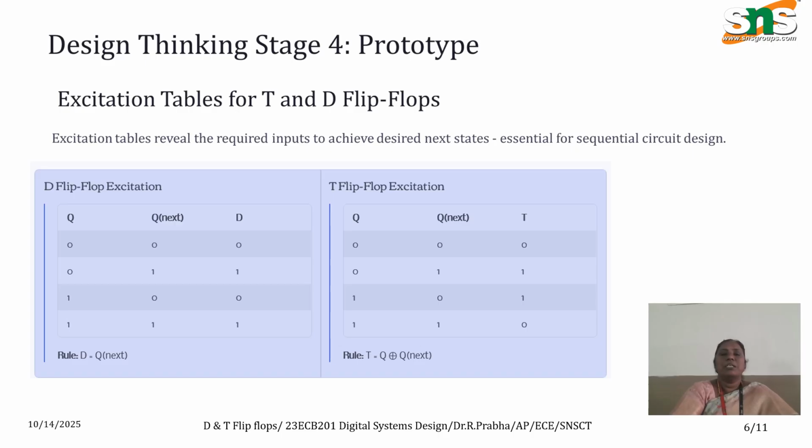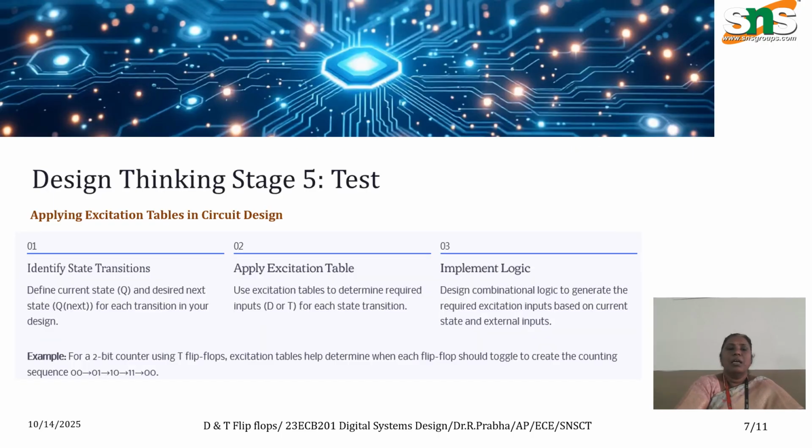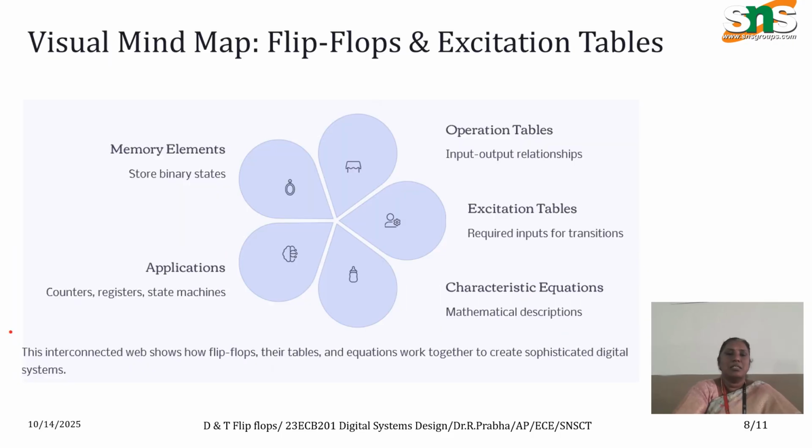For the T flip-flop: 0 0, it is 0; 0 1, 1; 1 0, 1; 1 1, it is 0. And the last stage is the testing part. In the testing part, first we should understand the state transition from the excitation table in circuit design, and then apply the excitation table, and implementation of logic is the last stage.